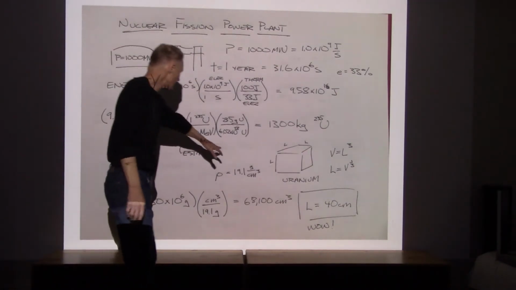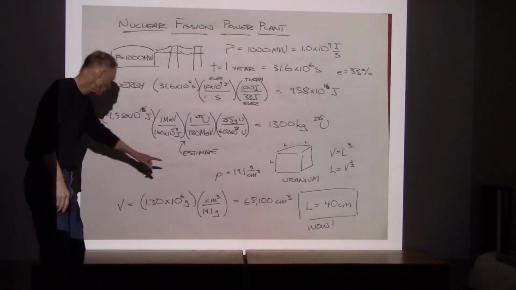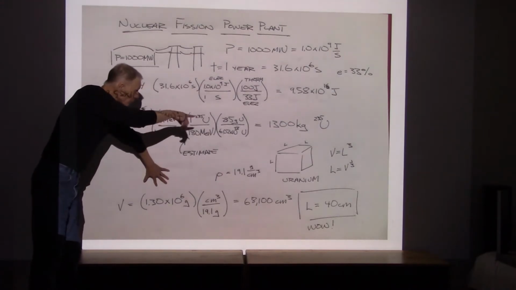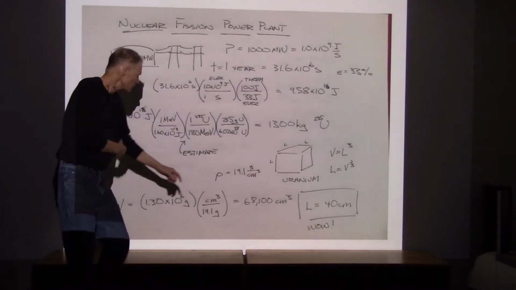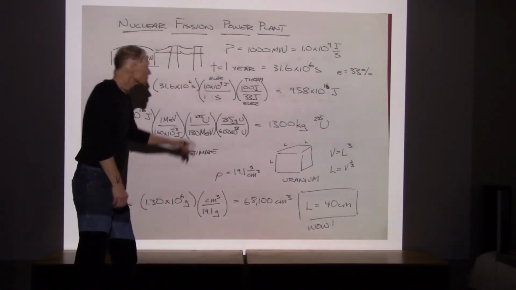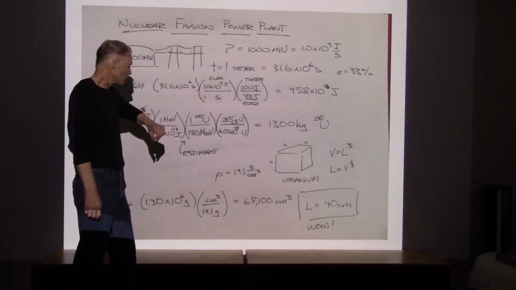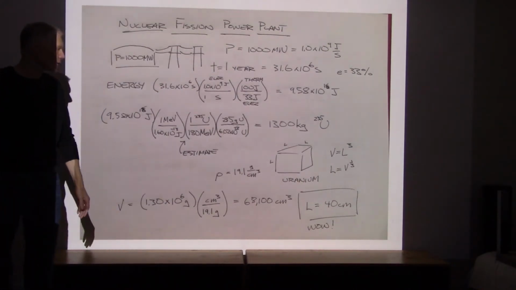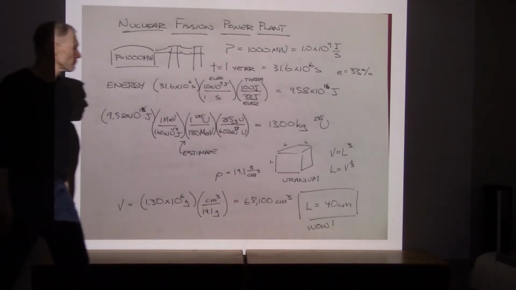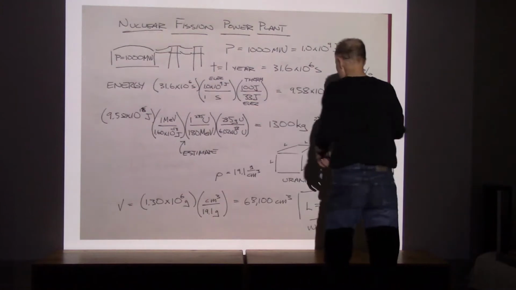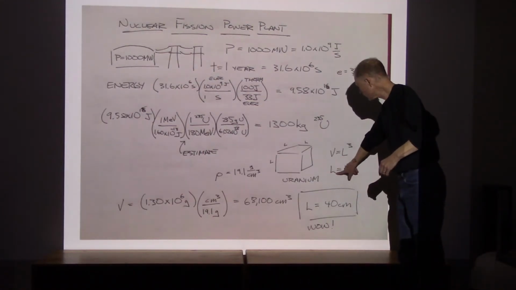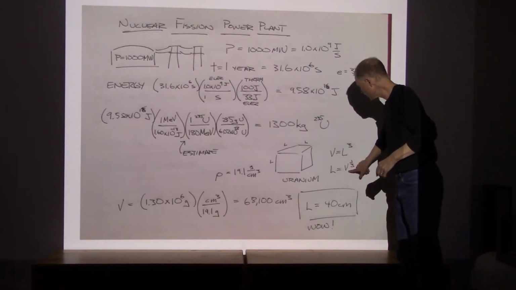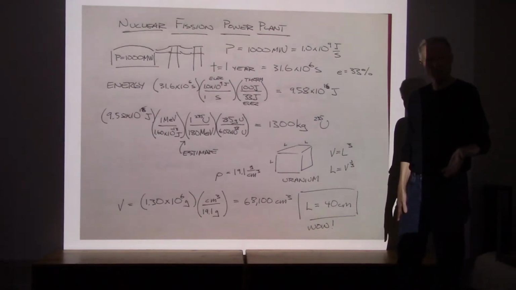Anyway, really dense. And so I took that mass, the 1.3 times 10 to the 6 grams, and determined that 1,300 kilograms of uranium would have a volume of 68,100 cubic centimeters. And then I imagined that volume to be a cube, and solved for the distance along one side, 40 centimeters.